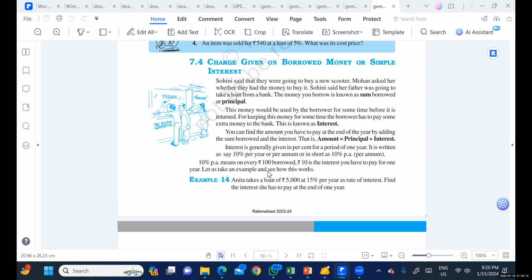What is A? वो कौन समझता है A? Right, amount is equal to 5,000 plus 750. Okay, sir. I don't like, ये सिर्फ एक नंबर लिख देने से मुझे समझ में नहीं आता. You have to write all the steps, and you have to learn to write all the steps. CBSE board 9, 10, 11, they don't accept just the numbers. Right?